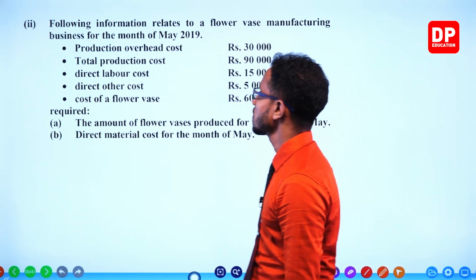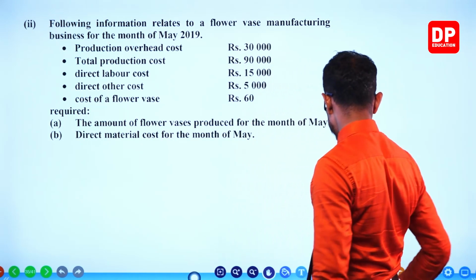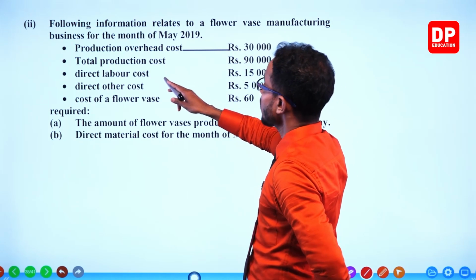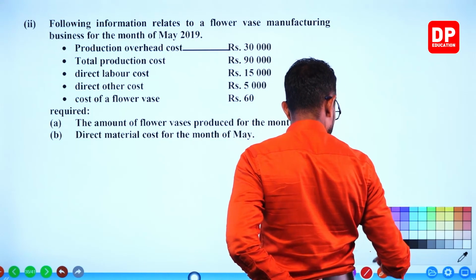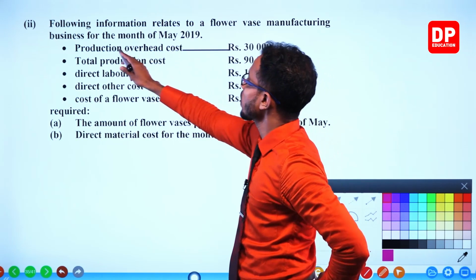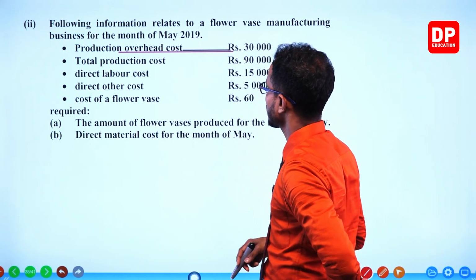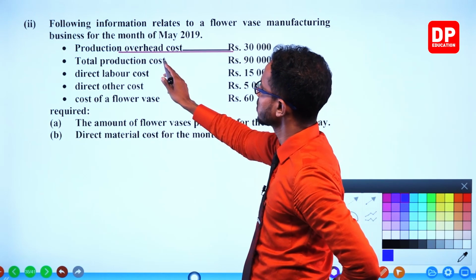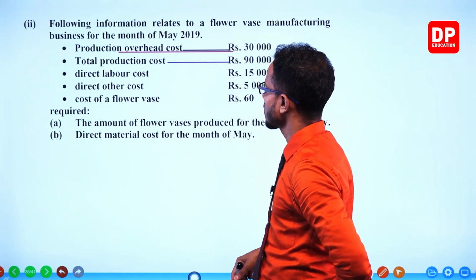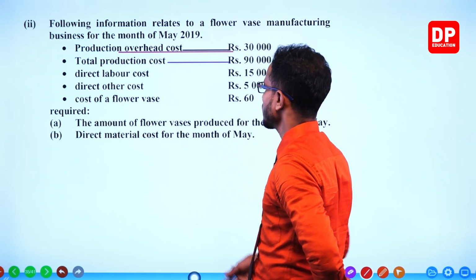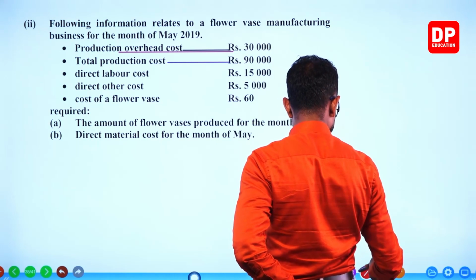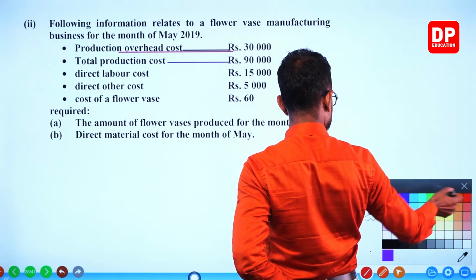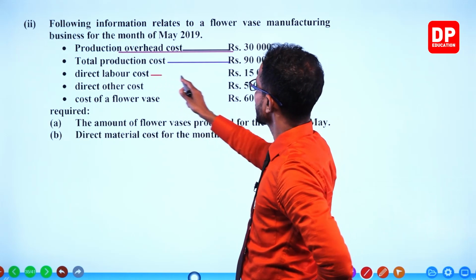Okay. We have production cost right here. Production overhead cost, children, that is production overhead. Then we have total production cost. Direct labor is also given here, direct labor cost.